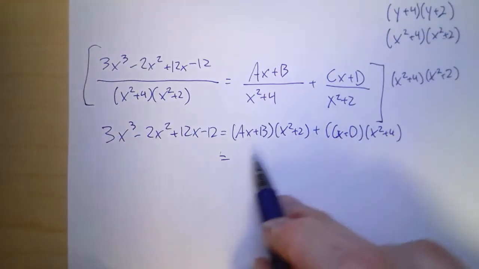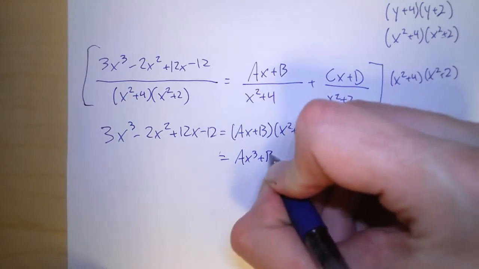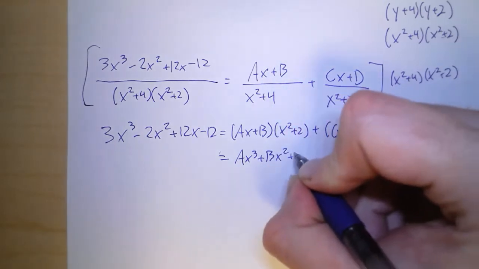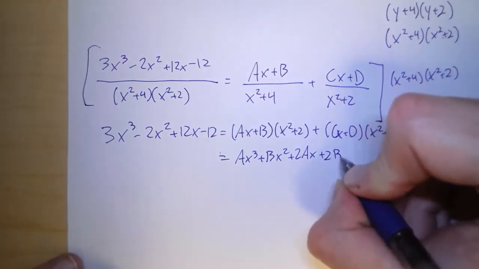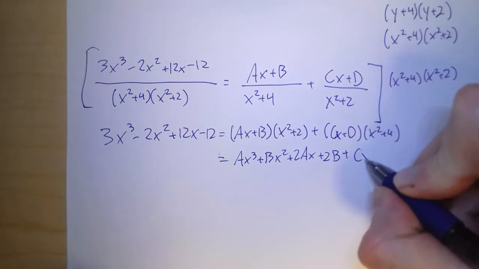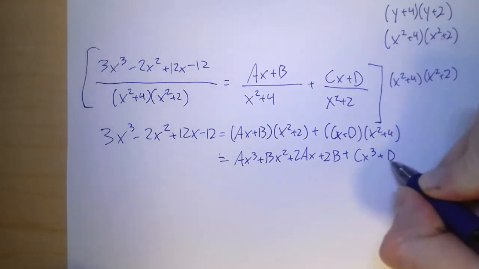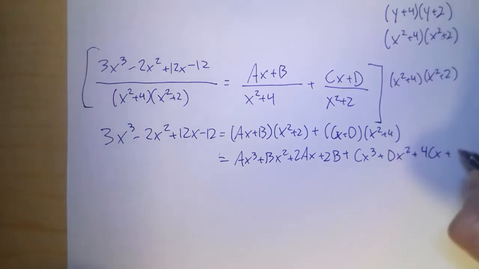And now we distribute this. So we have ax cubed plus bx squared plus 2ax plus 2b. And similarly here we have cx cubed plus dx squared plus 4cx plus 4d.